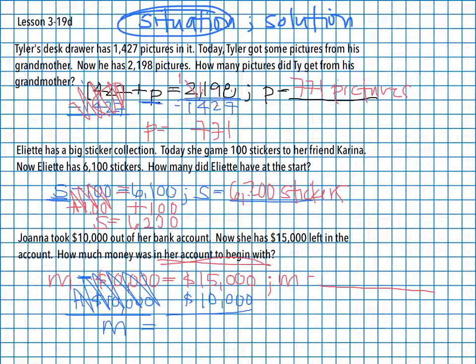Let's add those together. So now Joanna had $25,000. That's it. That's all.